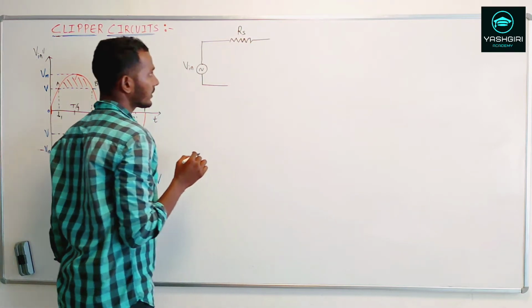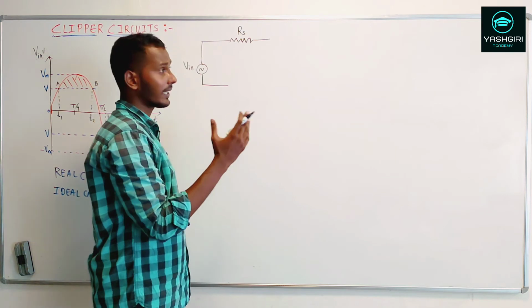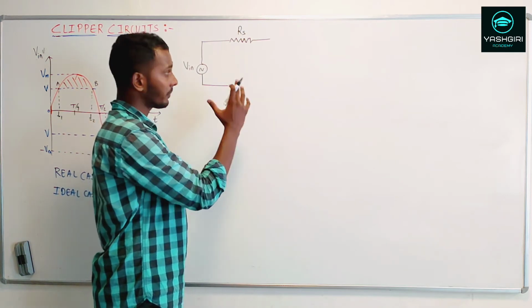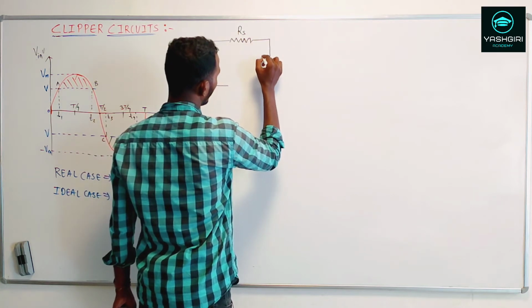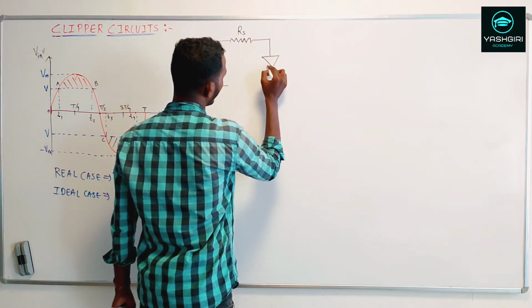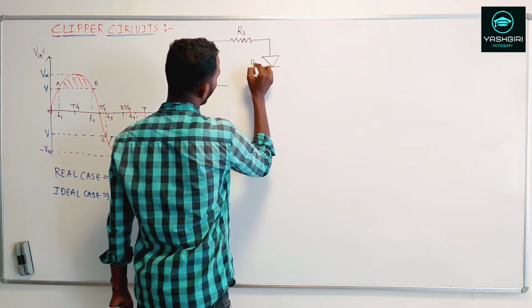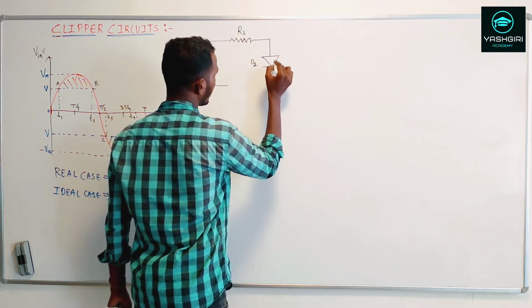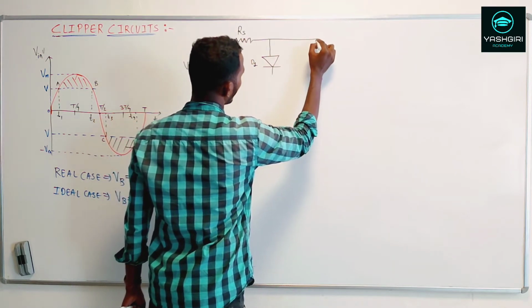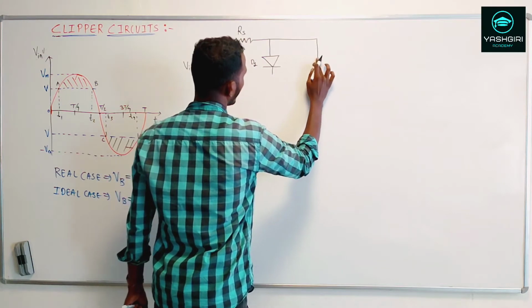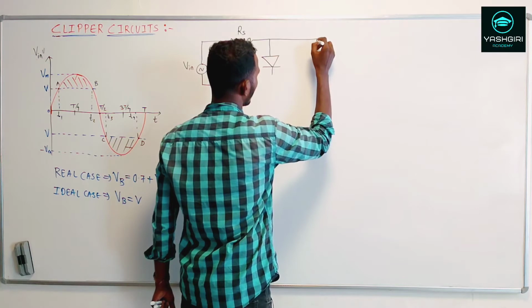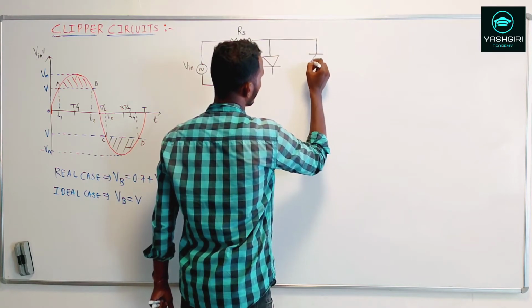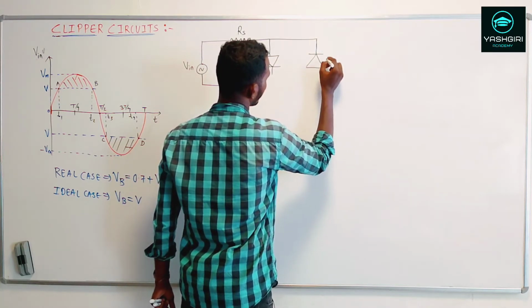Now what I'm going to do is combine the previous two circuits over here. So here I'm having my diode D1, and this time I'll take two diodes, and the next diode I will connect upside down. This is my diode D2.